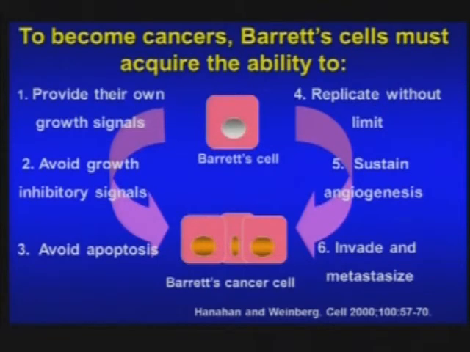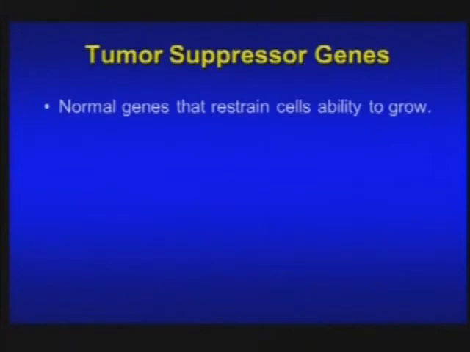The next core feature that Barrett cells must acquire as they progress to cancer is the ability to avoid growth inhibitory signals. In general, growth inhibitory signals are transmitted by tumor suppressor genes, and these are normal genes that restrain cells' ability to grow.